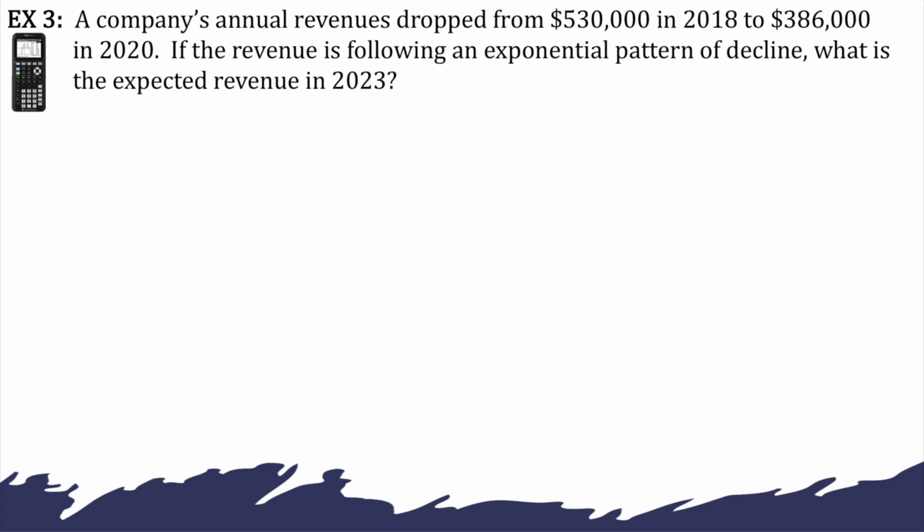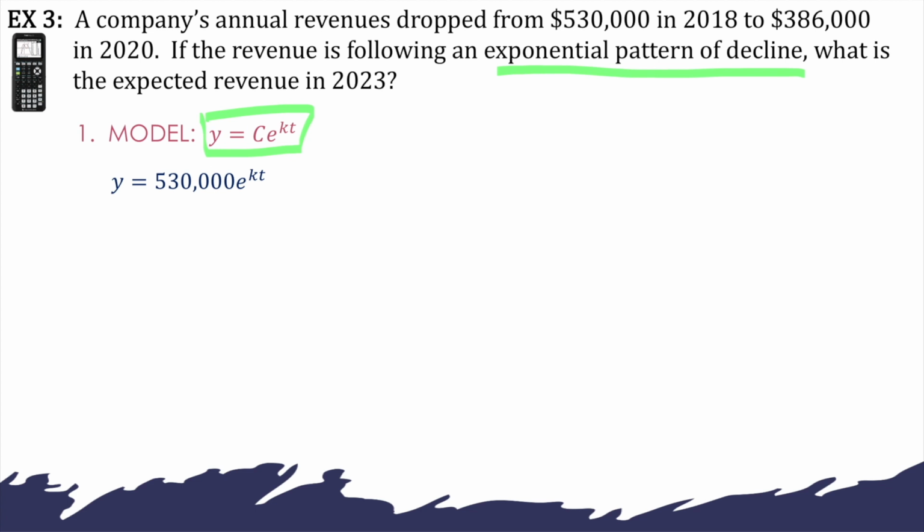Next one, a company's annual revenues drop from $530,000 in 2018 to $386,000 in 2020. That's a bummer. If the revenue is following an exponential pattern of decline, what is the expected revenue in 2023? So we have an exponential pattern of decline, which means we can use this model, y equals ce to the kt, and we have an initial value that they told us.